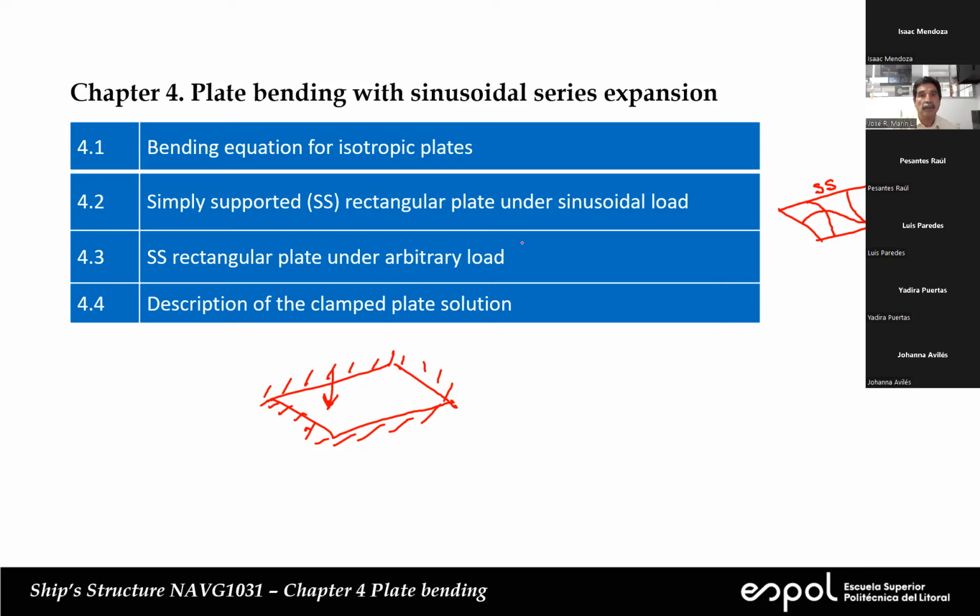Here we're going to take the differential equation and solve it, being careful with the boundary conditions and all of that. The clamped case is just a description because it is a longer process and we don't have the time to analyze it in detail.